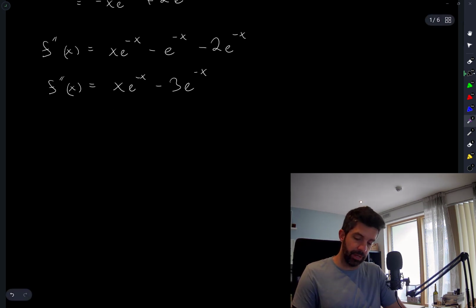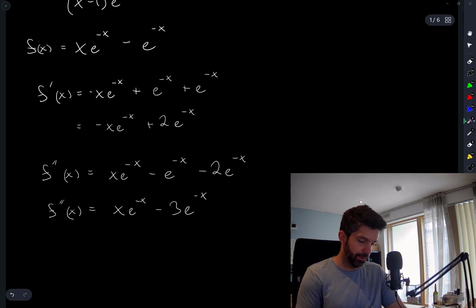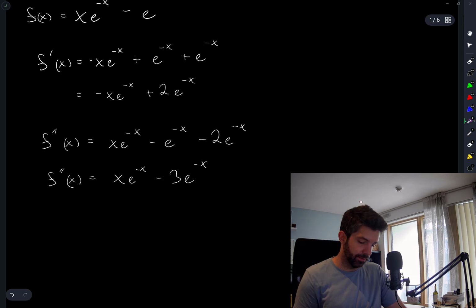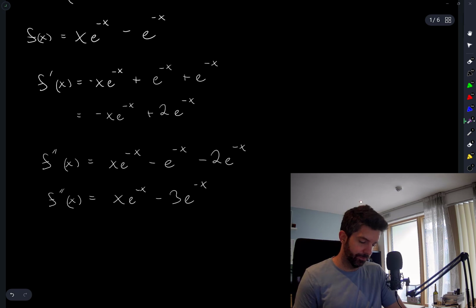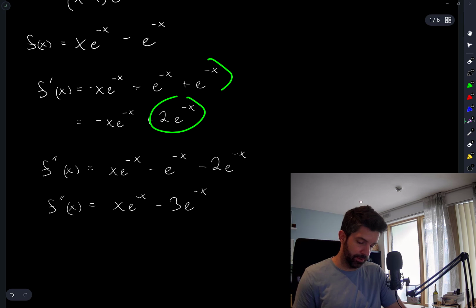So you can start to see what's happening here. Every time I take a derivative, the first term is going to flip sign, and that comes from this negative sign coming down with a derivative. Then taking the derivative of this pops out one of these things, which then adds to whatever is here.